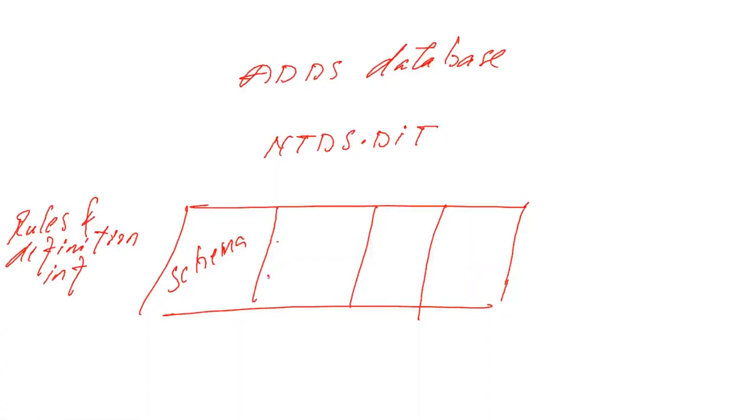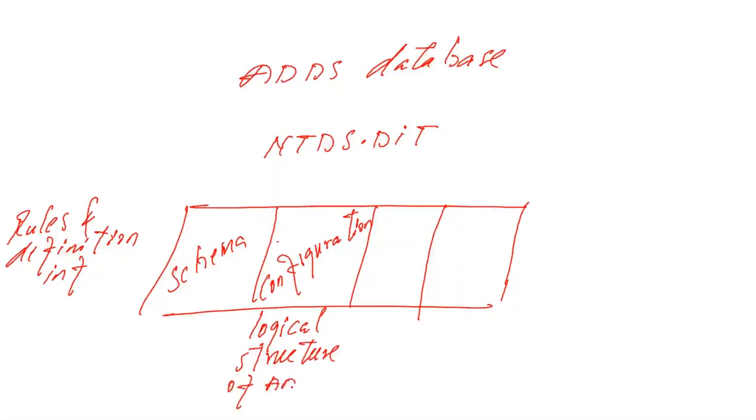Now the next partition is called the configuration partition. Next partition is what here? Configuration. What does the configuration partition contain? The configuration partition contains your network's logical structure of Active Directory information, right?